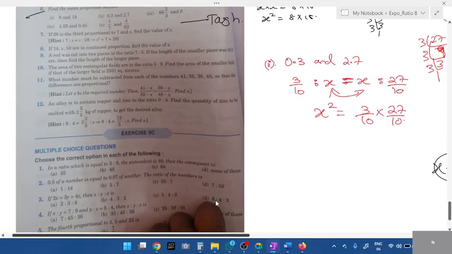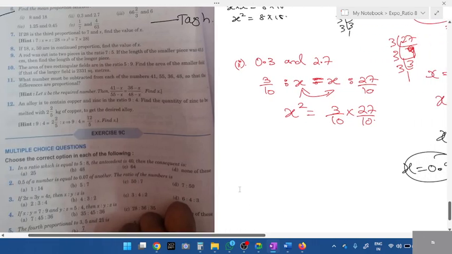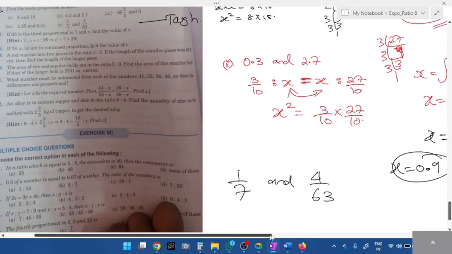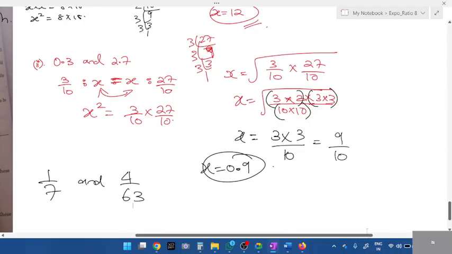Try the last question. Sixth main. 1 by 7. Yeah, be quick, students. We need to complete this today. And tomorrow I'll be starting new chapter.